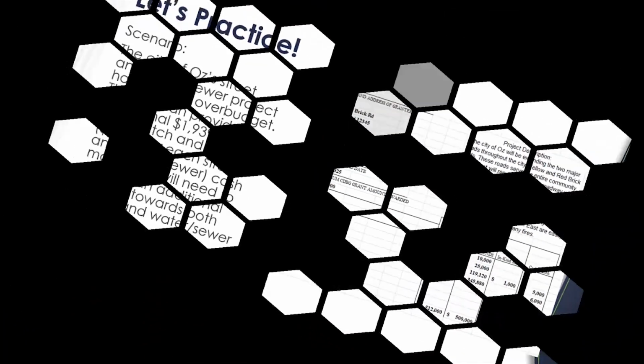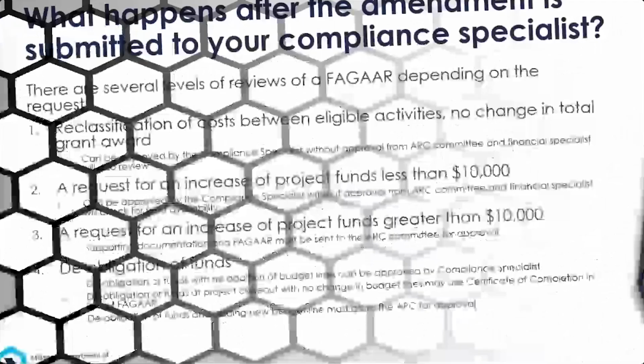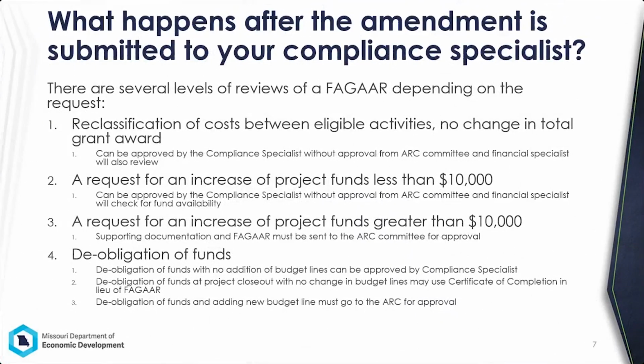Before we practice, one thing too is when it does go in front of ARC, one of three things can happen. It can be approved, it could be denied, and denials could be lack of funding, or there's not enough information, or it's not an eligible activity, anything along those lines, or it could be tabled.